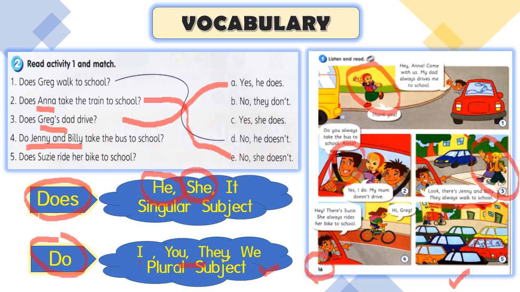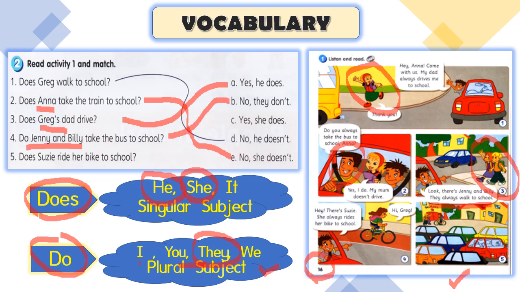No. What about I? No. So we use they, okay? They for Jenny and Billy. They, mereka. Okay, so which one is the correct answer? Do Jenny and Billy take the bus to school? Yes or no? No, they don't. Very good. No, they don't.